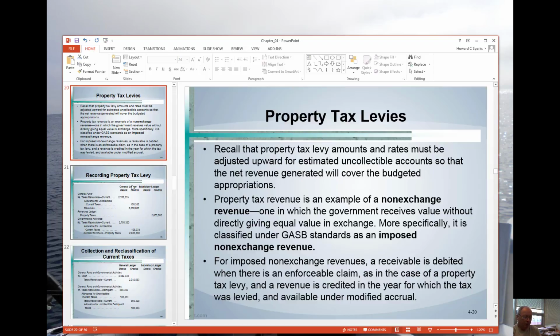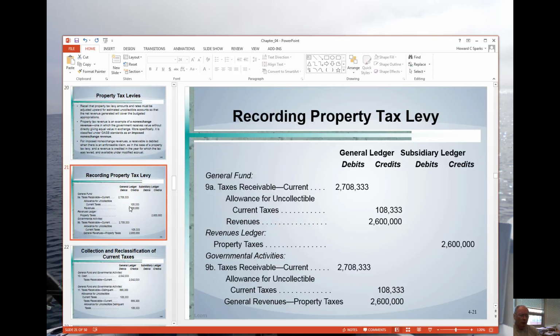They talk about why we accrue property taxes here. And the one thing that's really important, conceptually different to realize here, is the way we record the revenue and related bad debts expense. It's different. Here we record the receivable at the full amount of the levy. This is what's owed to us based on the underlying market value of the property and the mill rate, or tax, that determines the levy.